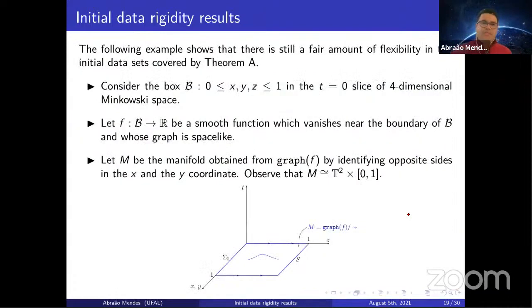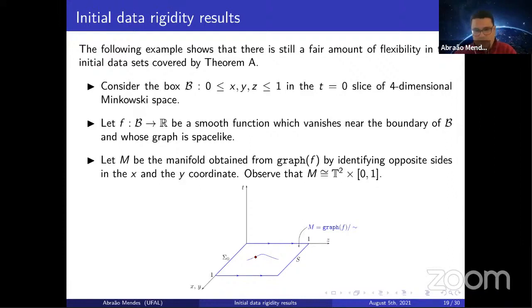Okay, but if we want to say something more about the initial data sets covered by theorem A, we have to impose some extra condition, because suppose we consider the unit box B in the t equals 0 slice of the 4-dimensional Minkowski space, and consider a smooth function defined on this box, which vanishes near the boundary of the box and whose graph is space-like.